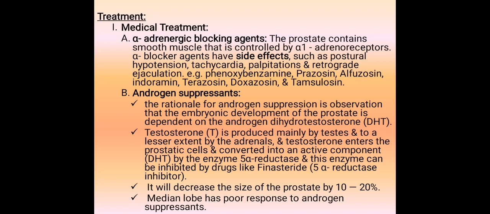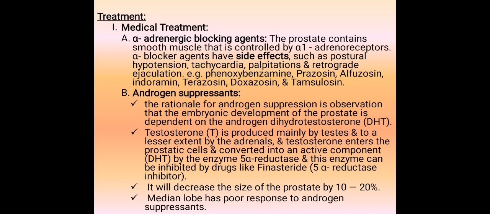Testosterone is produced mainly by the testes and to a lesser extent by the adrenals, and testosterone enters the prostatic cells and is converted into an active component, dihydrotestosterone, by the enzyme 5-alpha reductase. The enzyme can be inhibited by drugs like finasteride, the 5-alpha reductase inhibitors.